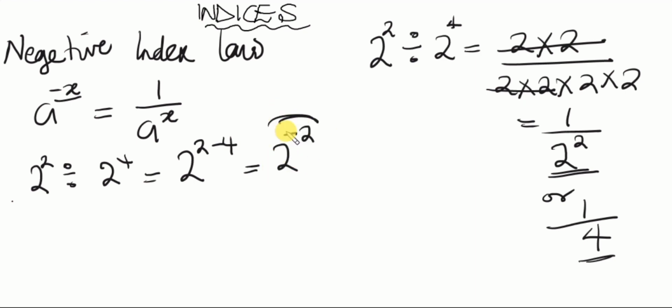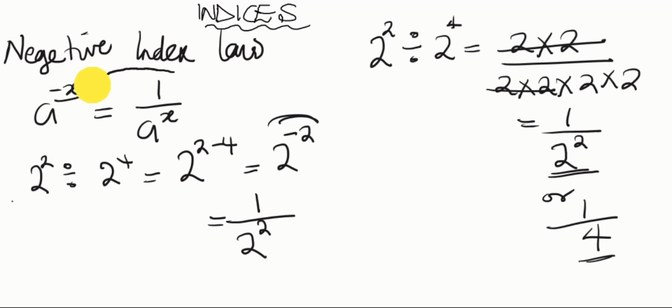Now, it's not good to leave our answer in this form. So, using the negative index law, when the index is negative, it's going to be equal to 1 over 2 then raised to the positive power. Then you throw the negative away because you put 1 there. You import 1, you export the negative, and you can go vice versa whenever you want, depending on how you want to do it.